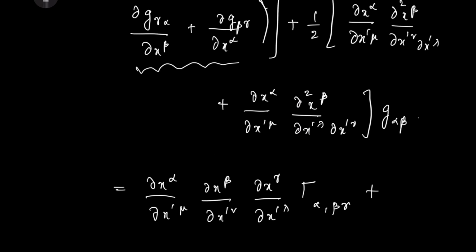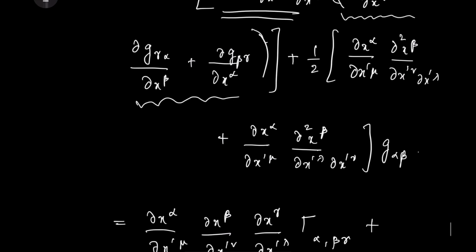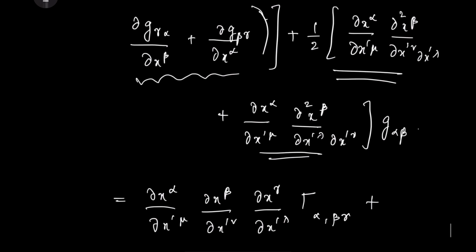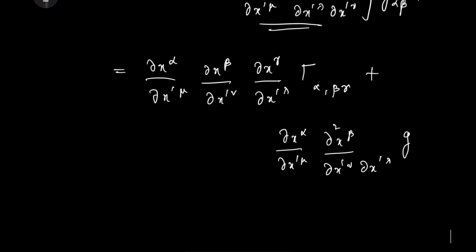now I have a second derivative here, right? So plus x alpha, x prime mu, second derivative of x beta with respect to x prime mu, then g alpha beta.